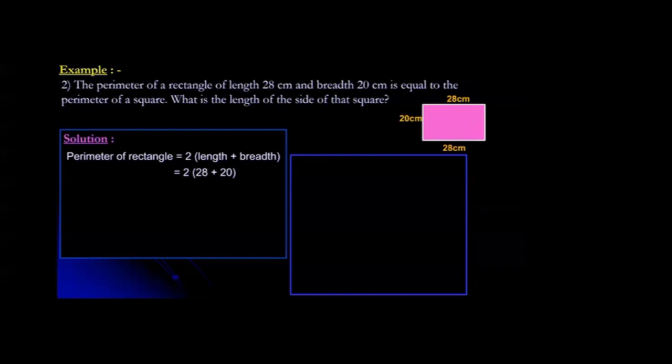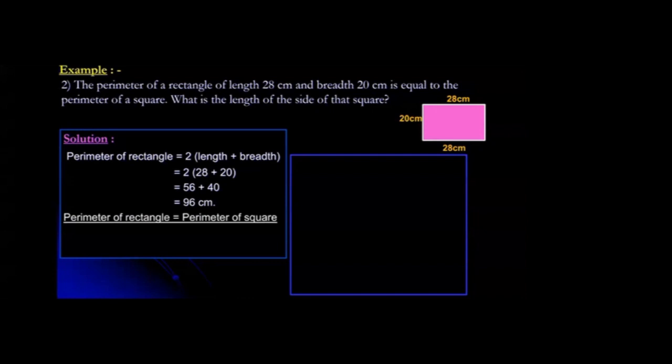Why we have written 28? Because length is 28 and breadth is 20. So first we will solve the numbers which are given in the bracket. So it will be 2 times 48, 56 plus 40. It will be 96 centimeter. We should never forget to write the units which are given in the question.